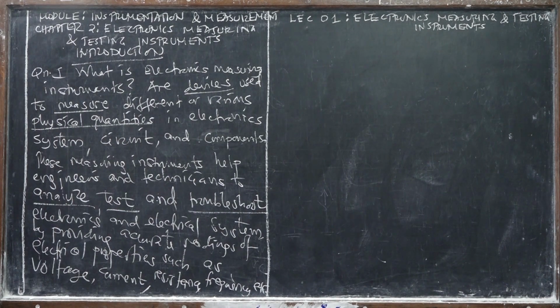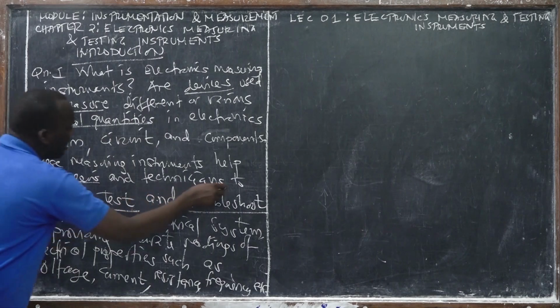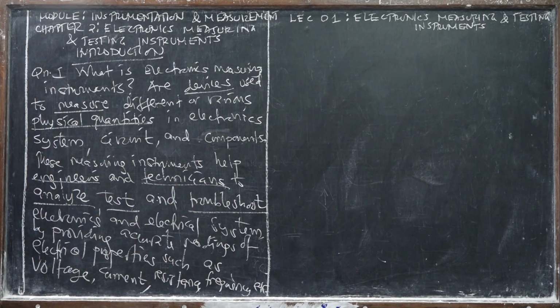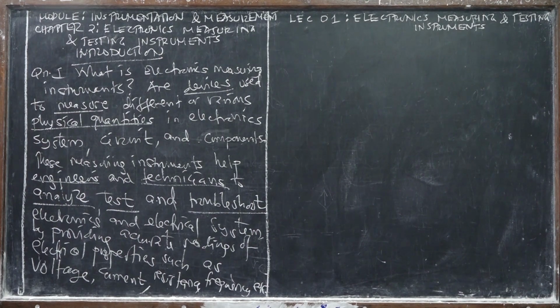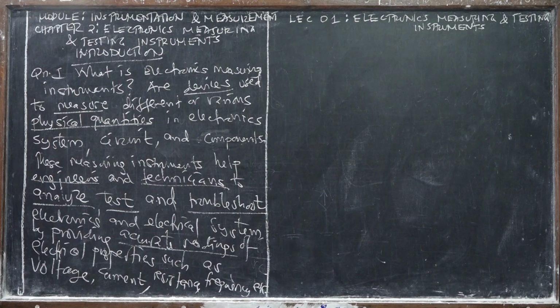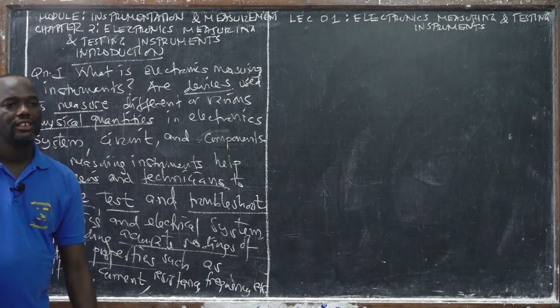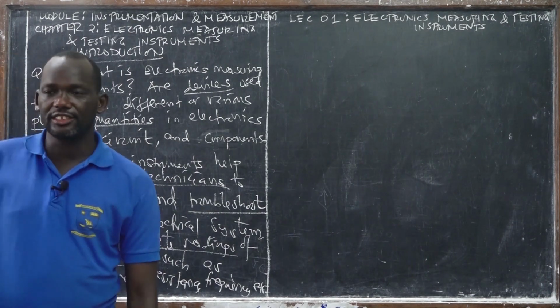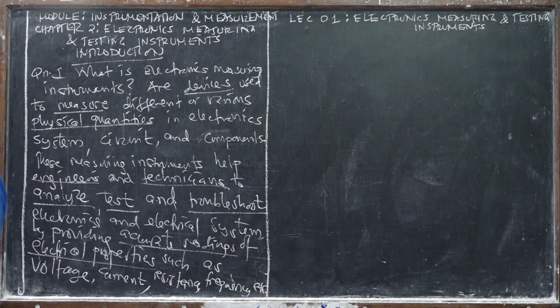They help engineers, just like you as engineering students, and also technicians in industries or in academic places, to analyze, test or troubleshoot electronics and electrical systems by providing accurate readings of electrical properties, such as voltage, current, resistance, capacitance, inductance, etc.